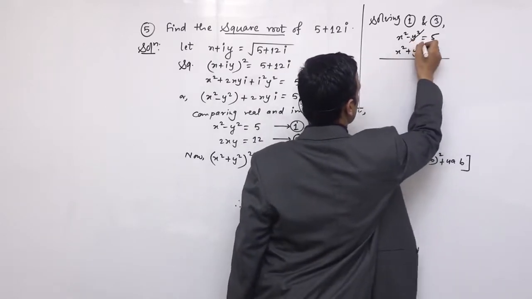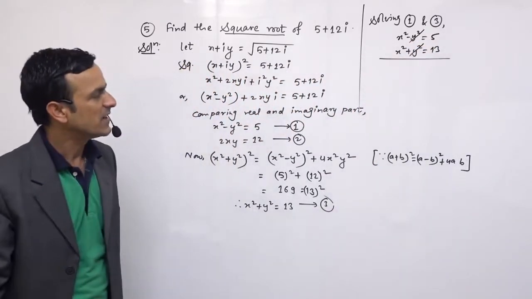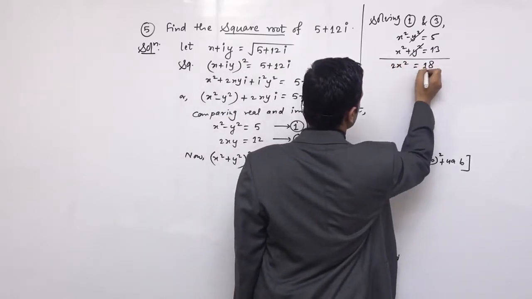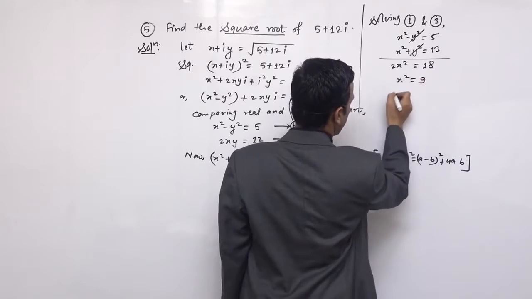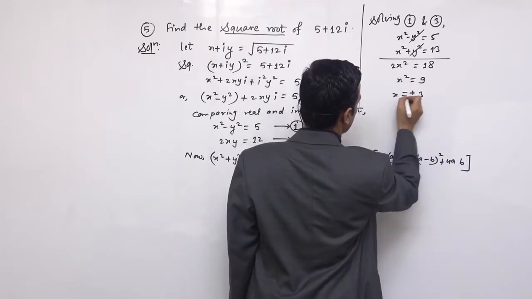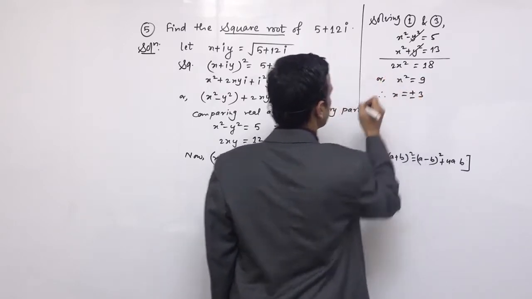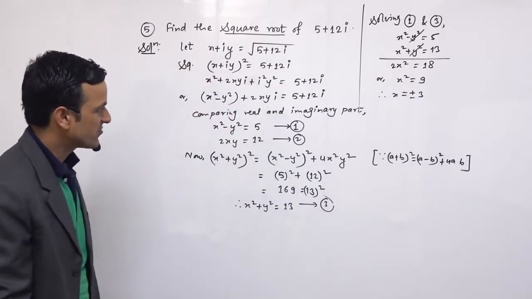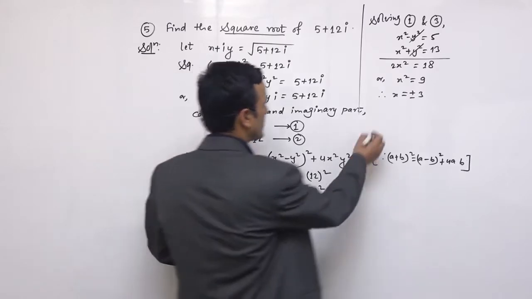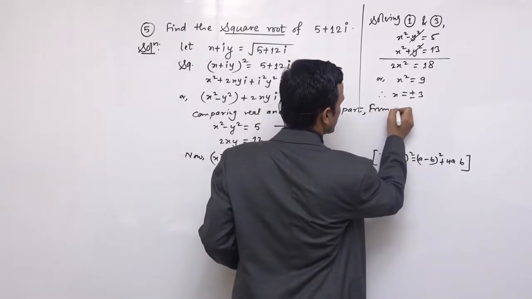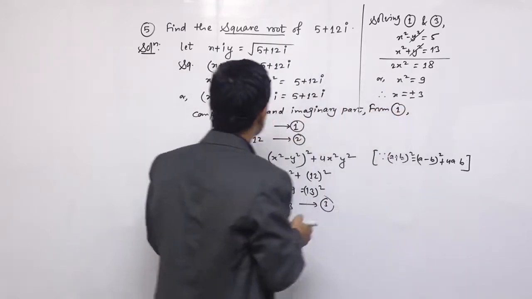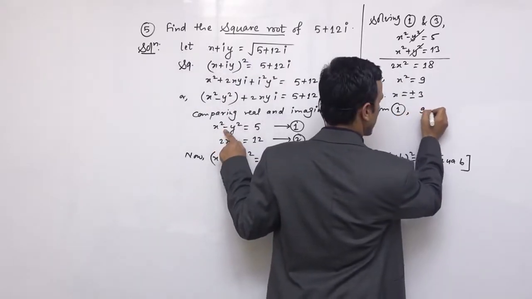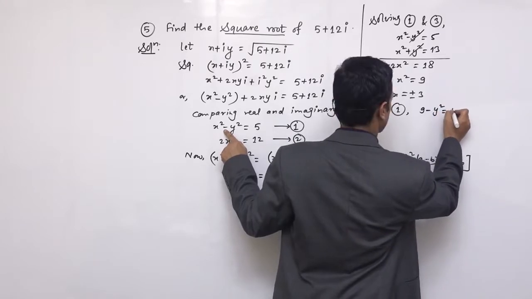If we add these, the y square terms cancel and we get 2x square is equal to 18, then x square is equal to 9, and then x is equal to plus minus 3. This is the value of x, plus minus 3. And when we put the value of x square from equation 1, we get 9 minus y square is equal to 5.